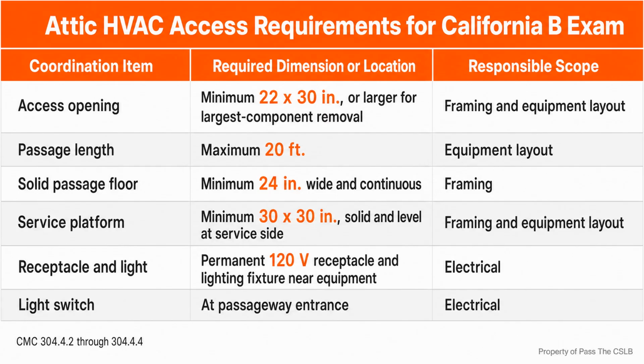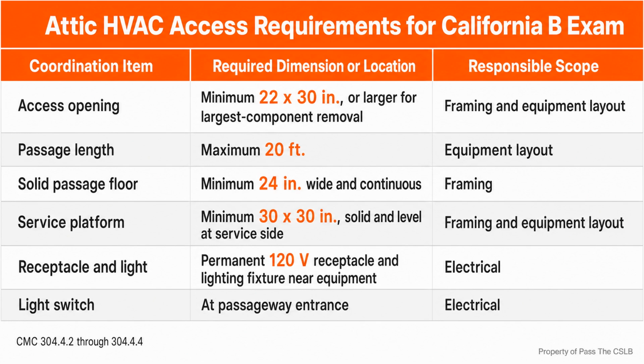The final confusion is overreaching the general building role. I am not teaching you to size refrigeration loads, select coil performance, or modify control design. Based on the published CSLB study outline, this topic fits testable material because it involves trade coordination, defect recognition, field inspection, damage prevention, and safe service access.